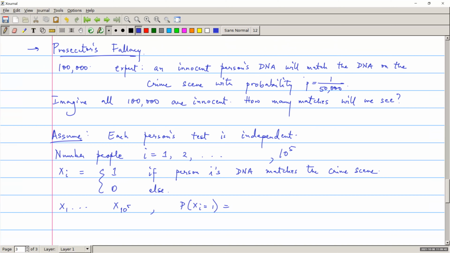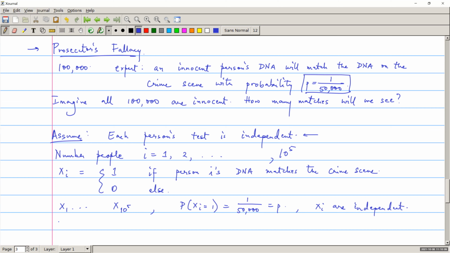Right, so this is 1 in 50,000, which we called p. We also know the Xi are independent because we just made that assumption. So these are exactly independent Bernoulli trials.